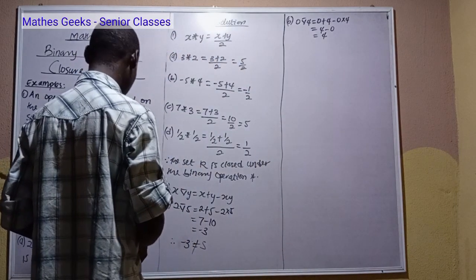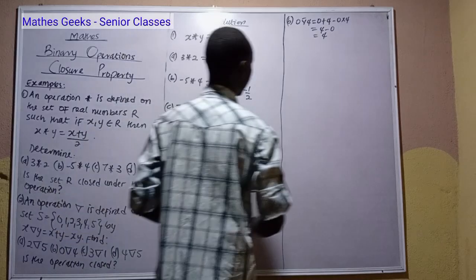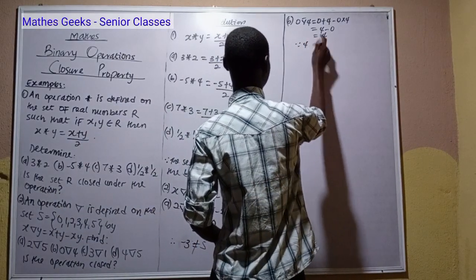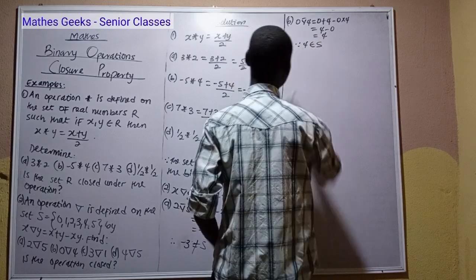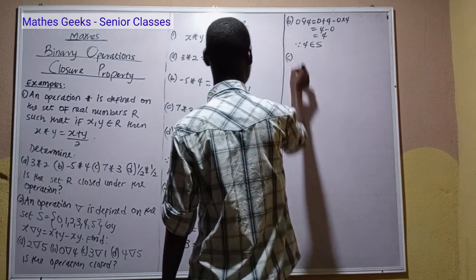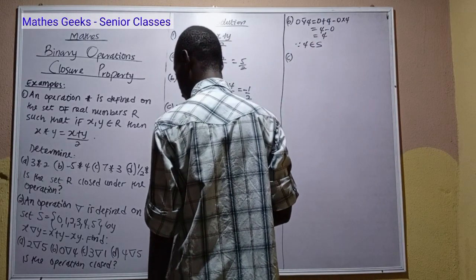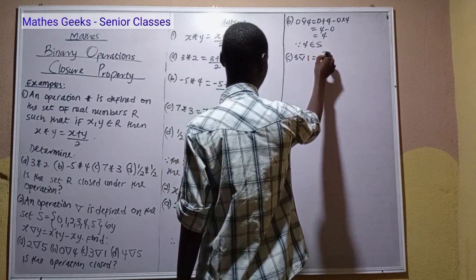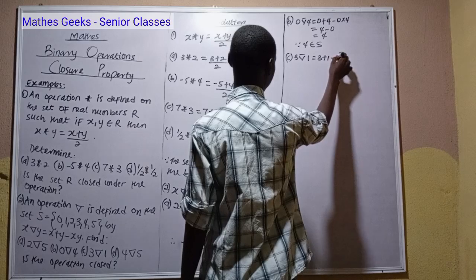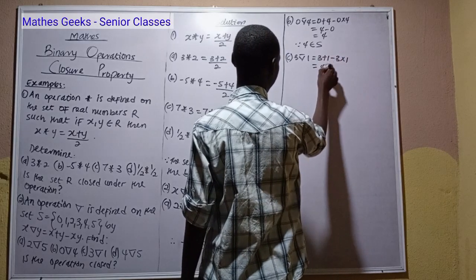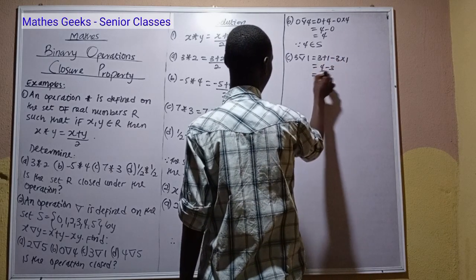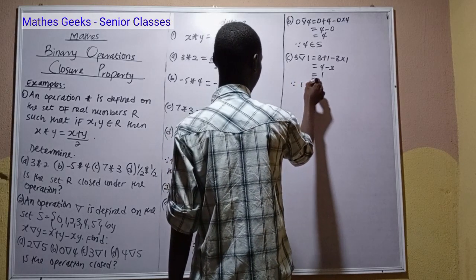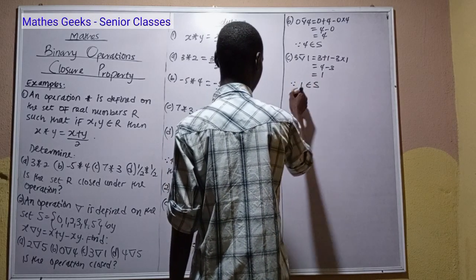Yes, 4 is a member of the set S. C, 3 operation 1. 3 plus 1 minus 3 times 1. 4 minus 3 is equal to 1. So C, therefore, 1 is a member of the set S.